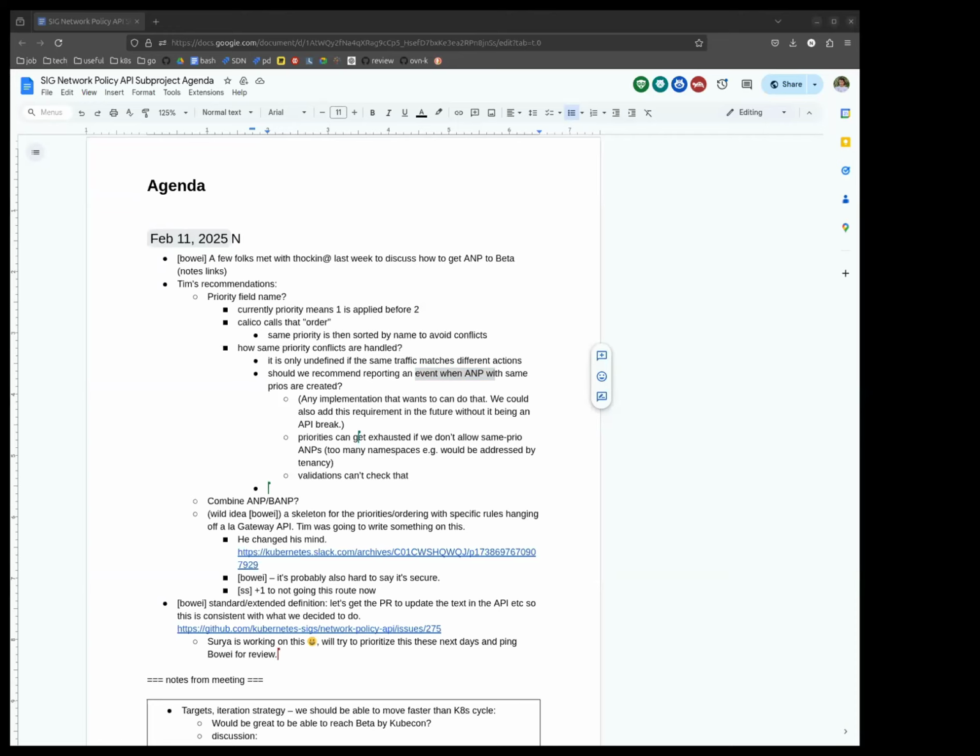It would be nice if we could spot that two policies actively conflict with the real state of the system right now. But unfortunately, that's a very dynamic thing to calculate because labels are dynamic. So you might not have a conflict when you add your policy.